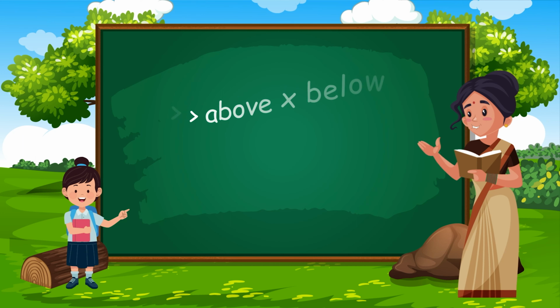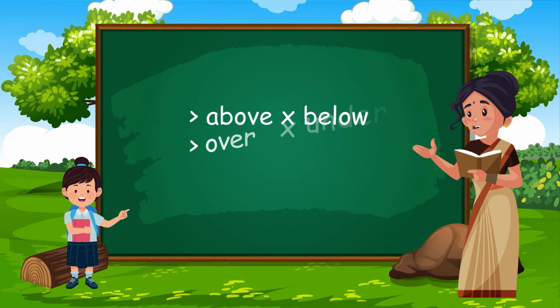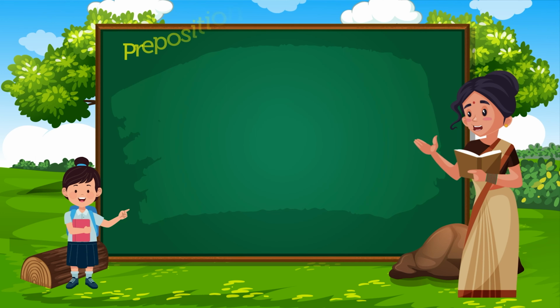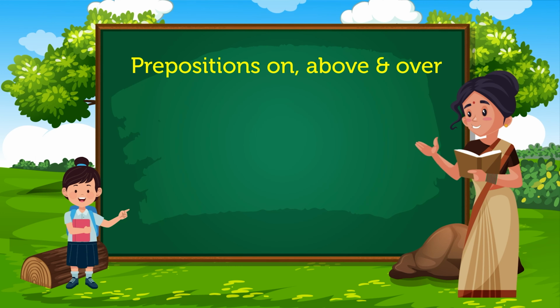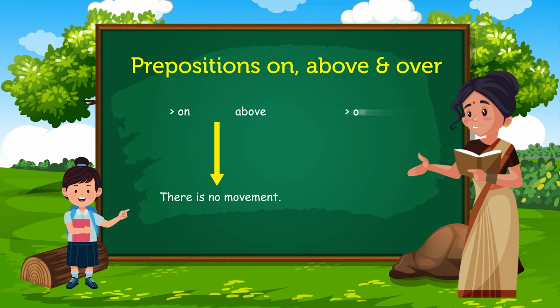Opposite of above is below and opposite of over is under. When the prepositions on and above are used, there is no movement between the two objects or things. But when the preposition over is used, there is movement.